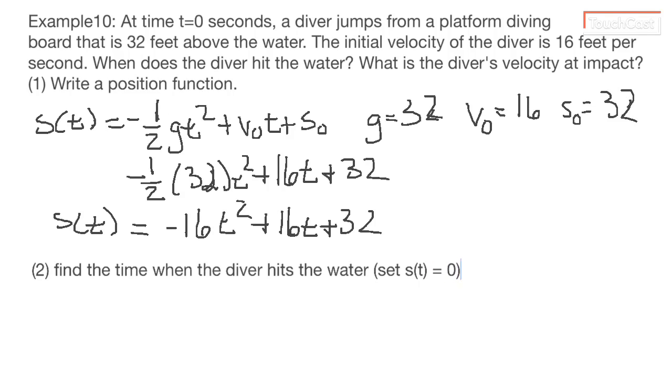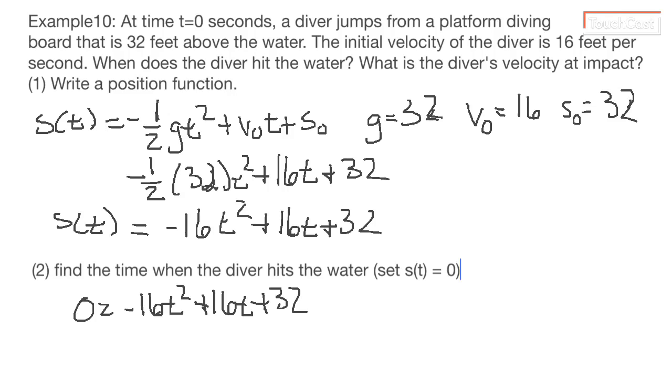And we can use any method we have in our arsenal. So I am going to do just that. I'm going to go 0 equals negative 16 t squared plus 16 t plus 32.